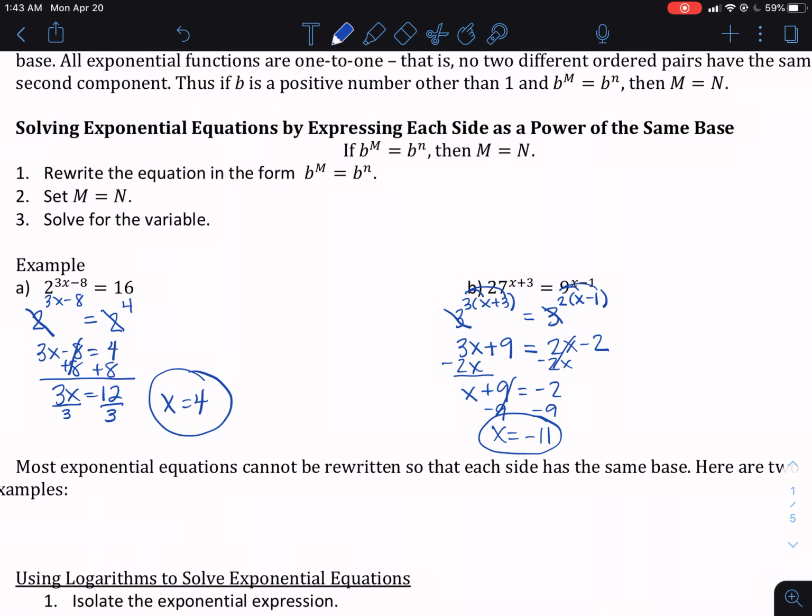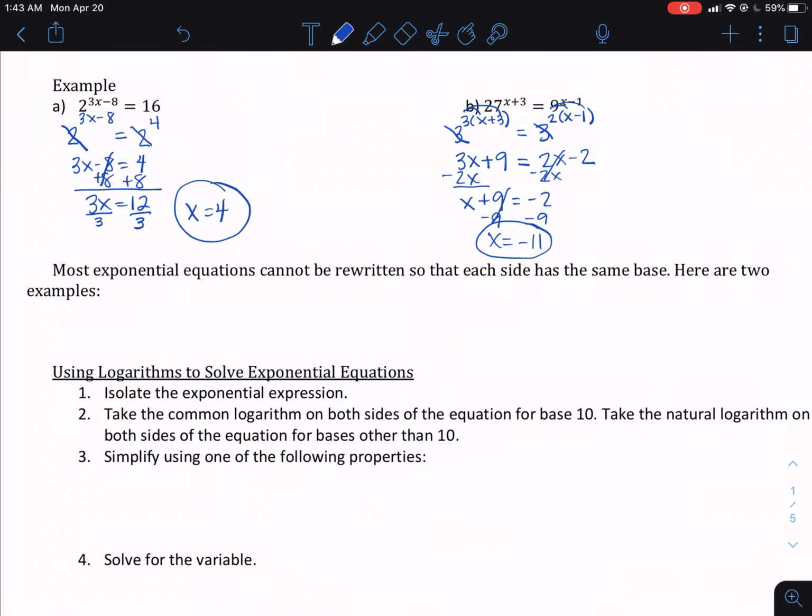Okay. So most exponential equations cannot be rewritten so that each side has the same base. Here are two examples. One would be 25 to the x power equals 9 to the 2x plus 3 power.